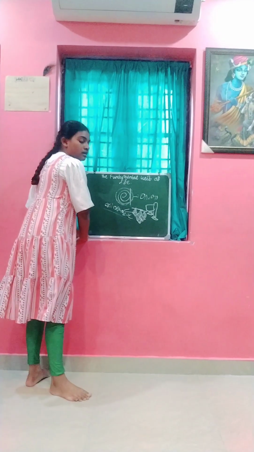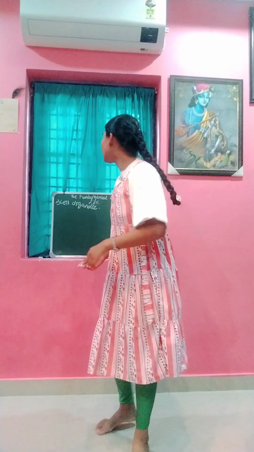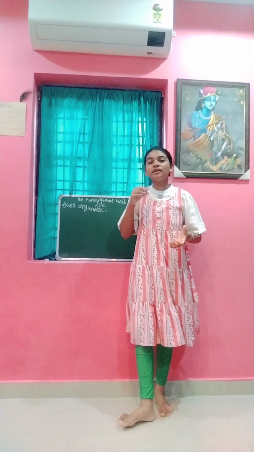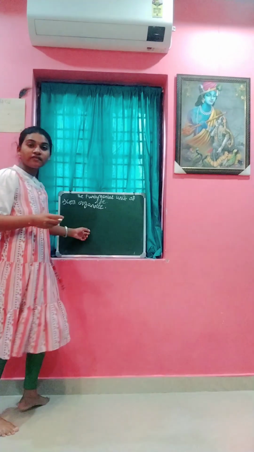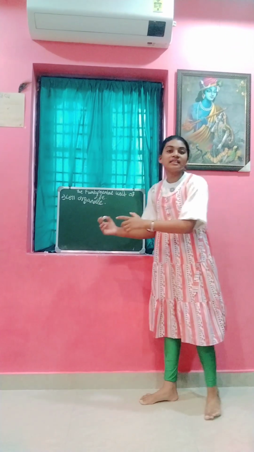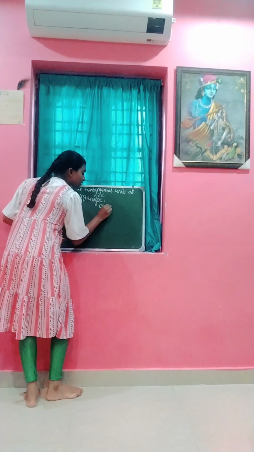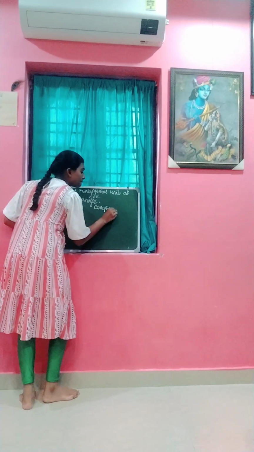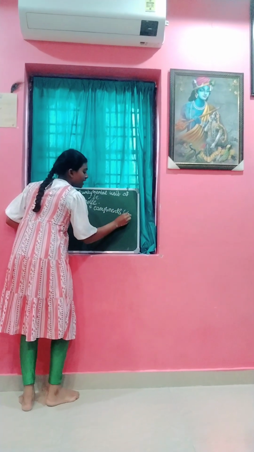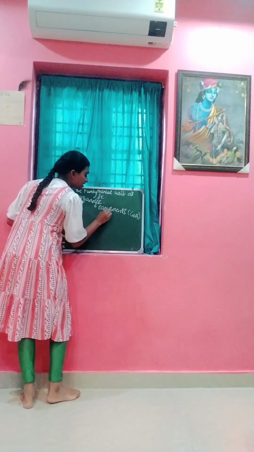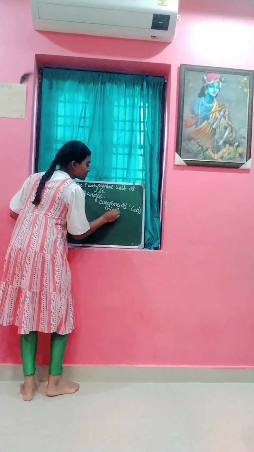So now we are going to discuss cell organelles more in detail. What do you mean by cell organelle? Just now I told, the many things present in it are nothing but cell organelles. So the components of a cell, the things present in it, are nothing but cell organelles.